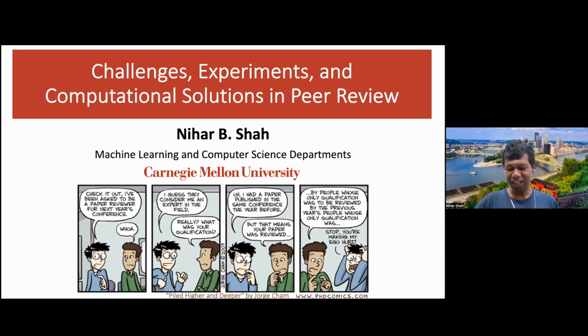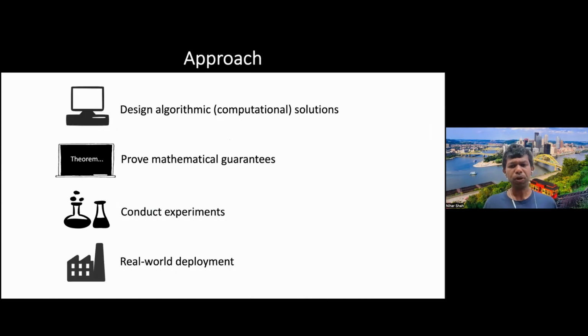All right, so in our group, we work on problems in peer review, where we design algorithmic or computational solutions for various problems in peer review. And this is something I'm going to talk about today. We also prove mathematical guarantees for many of the algorithms that we design.